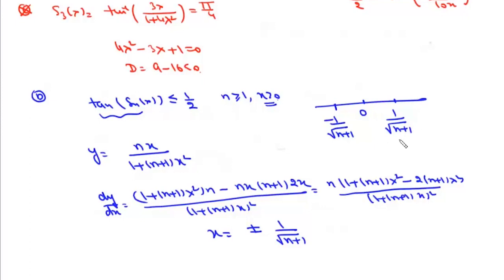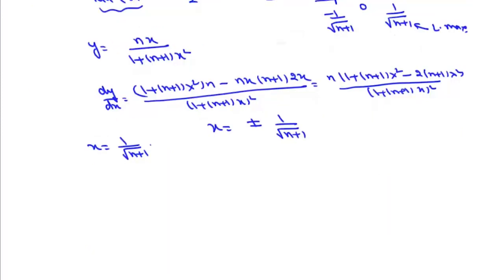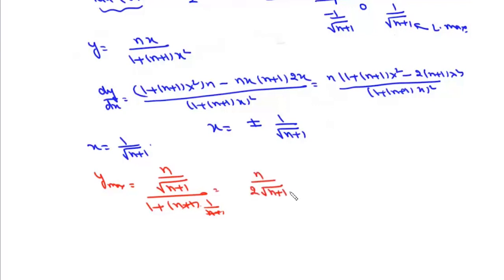Now going from right, it is minus and then it is plus, so we'll have a local maxima when x is 1 upon under root of n plus 1. So the maximum value of y will be n upon under root of n plus 1 and 1 plus n plus 1 times 1 upon n plus 1, so it will cancel. So it will be n upon 2 under root of n plus 1.